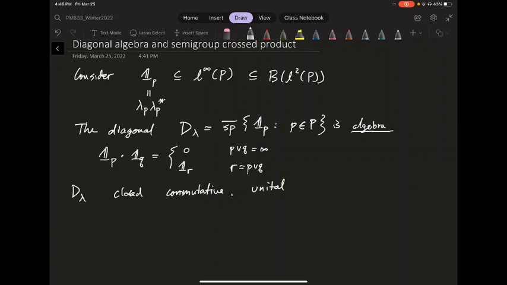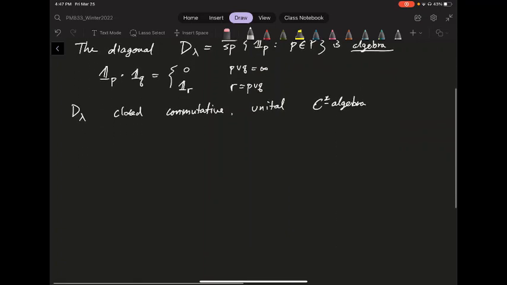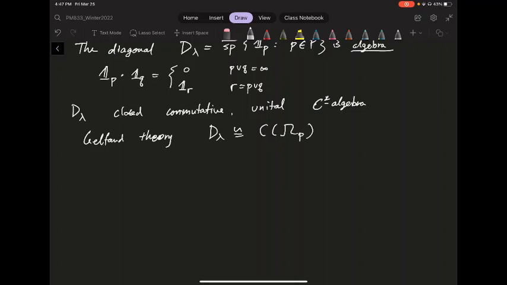And of course it's closed under adjoint because all of these 1p are self-adjoint. So this is a commutative unital C-star algebra. Because it's a commutative unital C-star algebra, basic Gelfand theory tells you that D lambda is isomorphic to the continuous functions on some kind of compact Hausdorff space. So here omega P is some compact Hausdorff space.